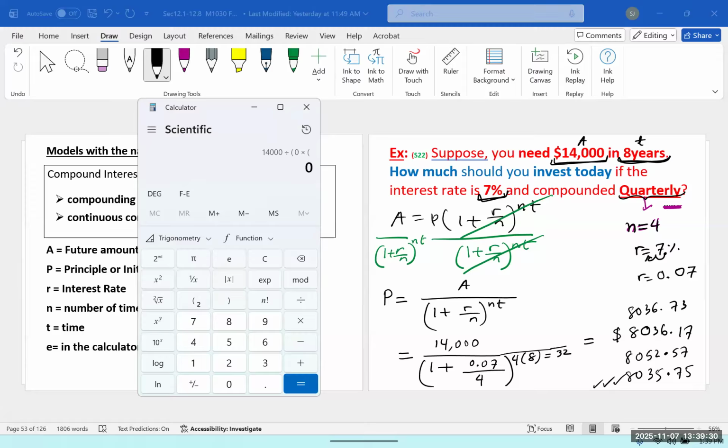So 14,000 divided by double parentheses 1 plus 0.07 divided by 4, closing the first parentheses, and the power.